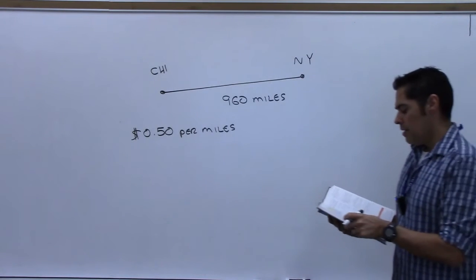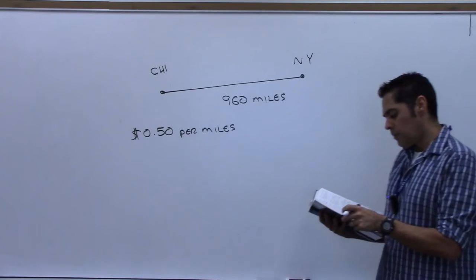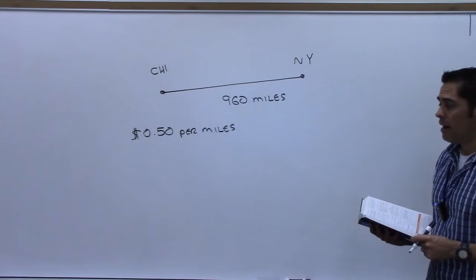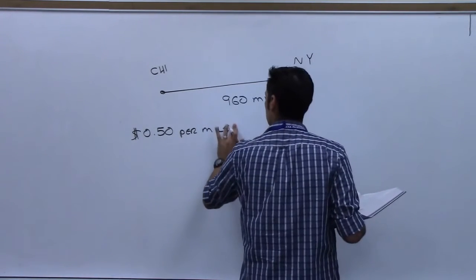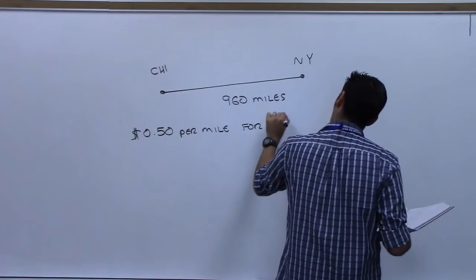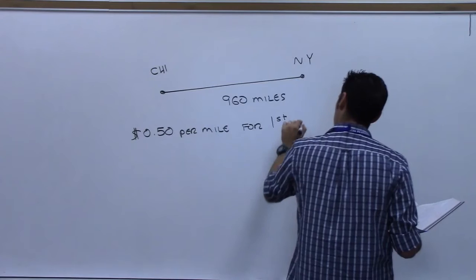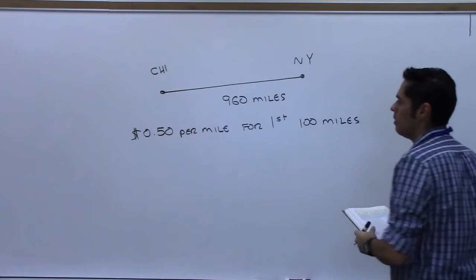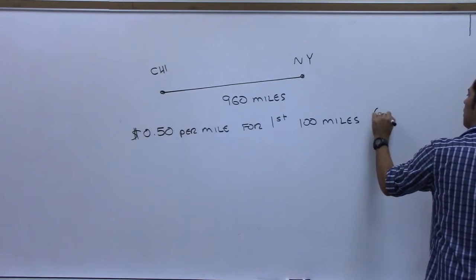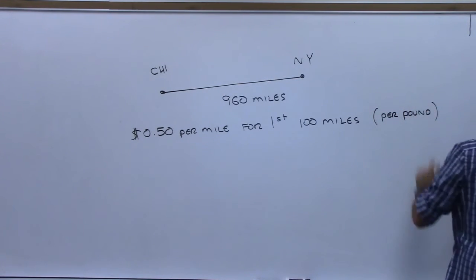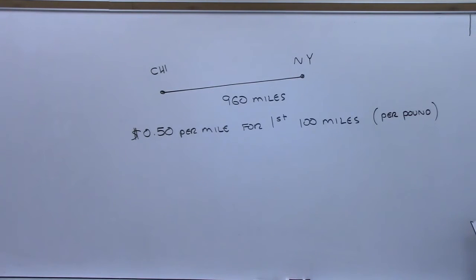So they're going to charge for each pound that much per mile for the first 100 miles. 50 cents per mile for the first 100 miles per pound.